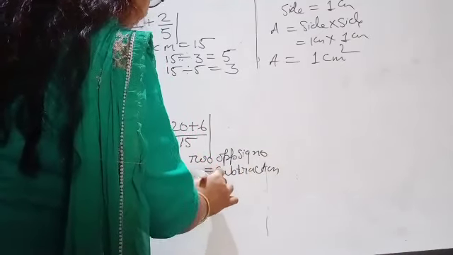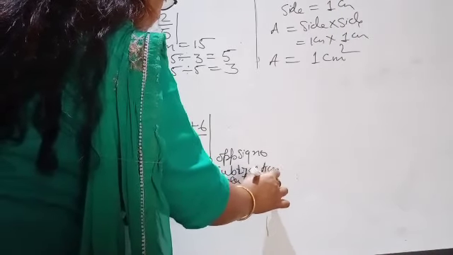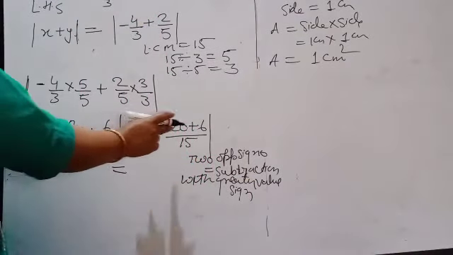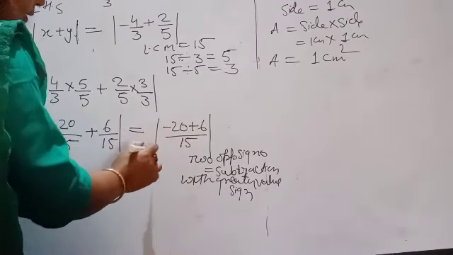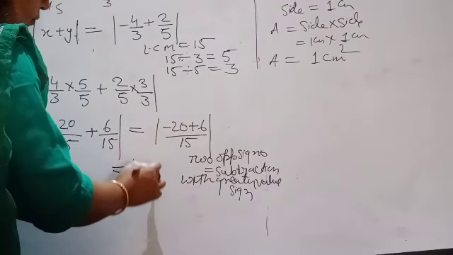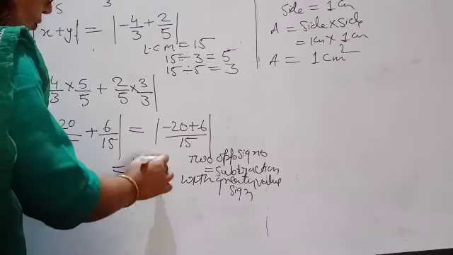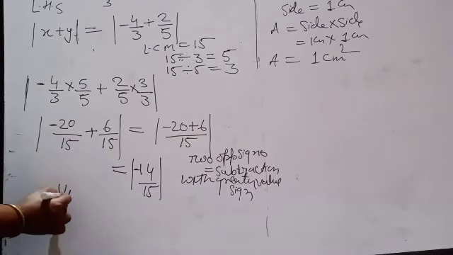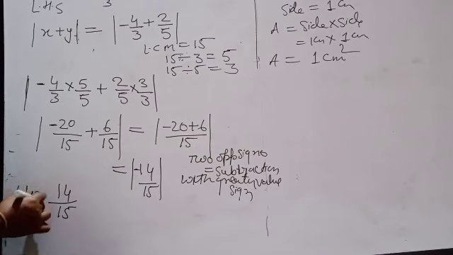Now subtract 20 minus 6, how much will it be? 14. What sign will come? Minus 14 upon 15. So what have you learned? In mod, negative becomes positive. So you will remove the mod and it will be 14 upon 15, your LHS value.